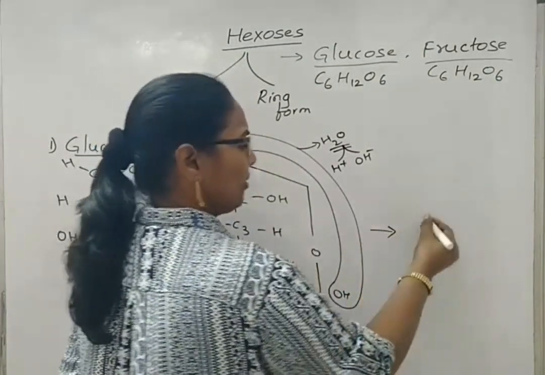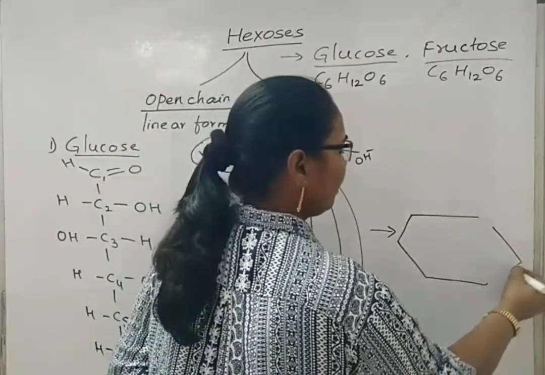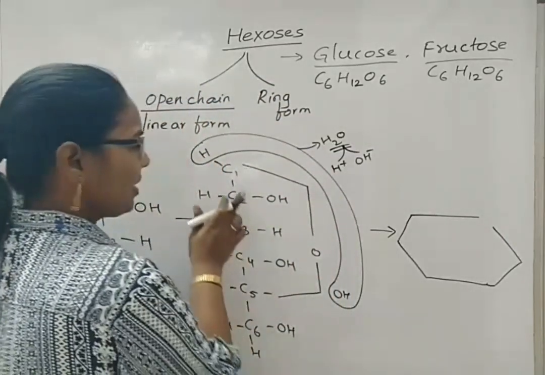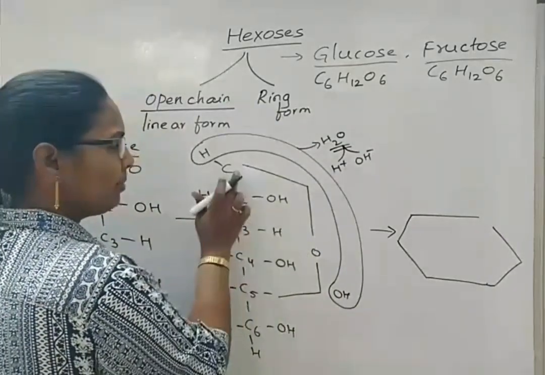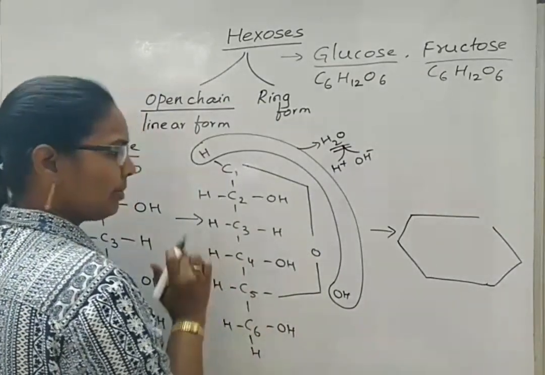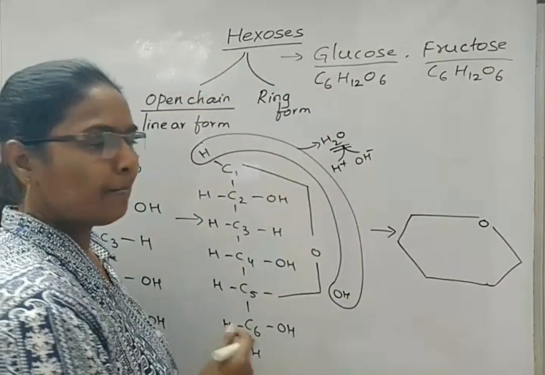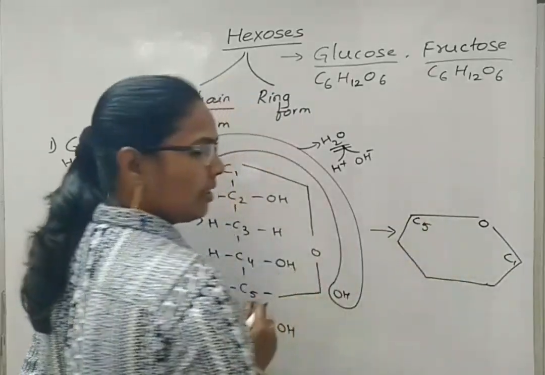So coming to the ring form, the structure of the ring form in the case of glucose will be like this. As we said, there is one bond with oxygen between carbon 1 and carbon 5. So I am writing oxygen here, carbon 1 here, carbon 5 here.